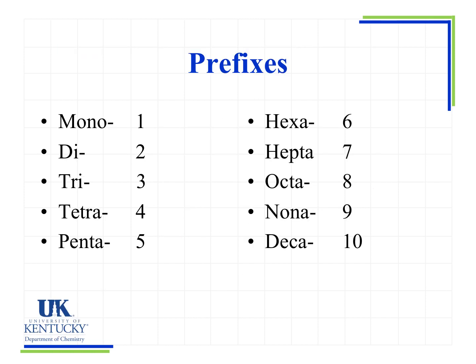So these are the prefixes. Usually we do not mention mono, as I said, but we have di, tri, tetra, penta, like pentagon, hexa, hepta, and hepta is the one that you don't get that much, but you have to memorize it.